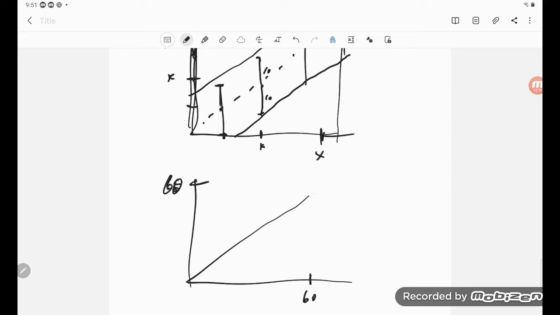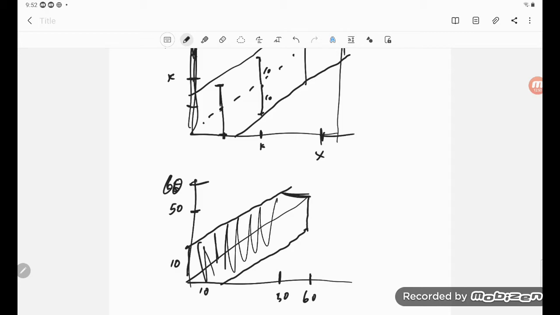We need to be within 10 there, and all the way down, and within 10 here, and all the way up. So this distance is 10, that distance is 10. Up here somewhere is 50, over to there, and same thing here is 50. So they need to arrive in here and not out here.